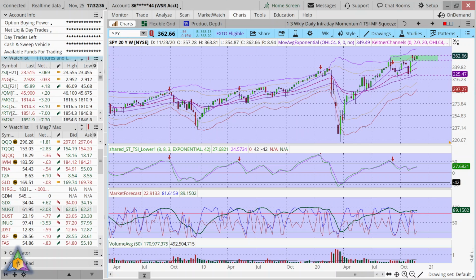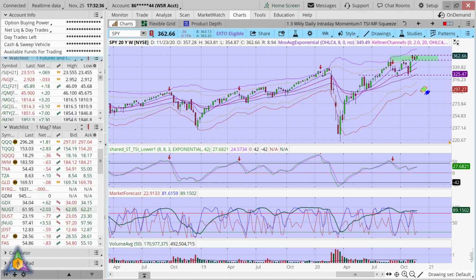The anchor chart is basically the longer term chart that sets the tone or the trend, and then you do your triggers for trading off of the shorter term time frame charts, such as the daily chart, or even going down to the 78-minute, half hour, 15-minute chart to try to get a more precise entry.